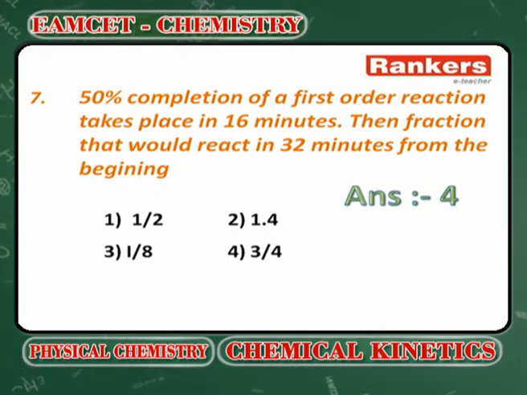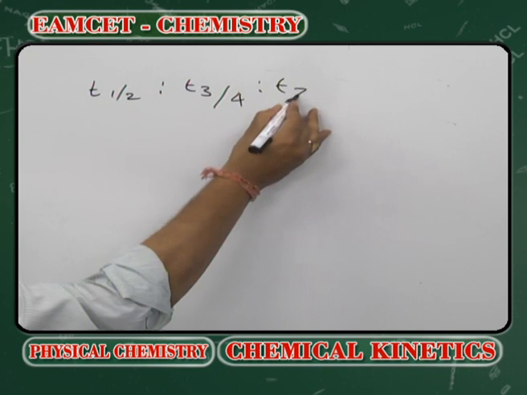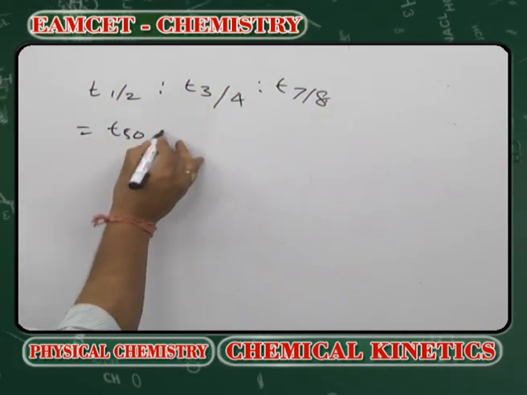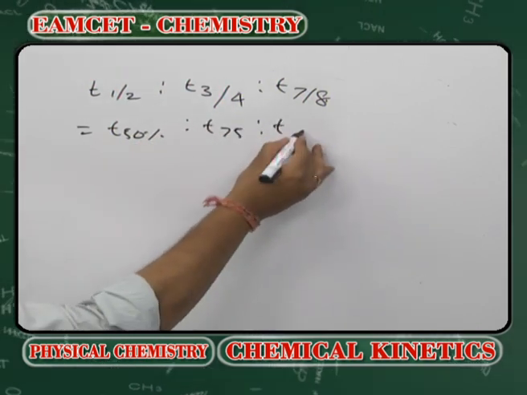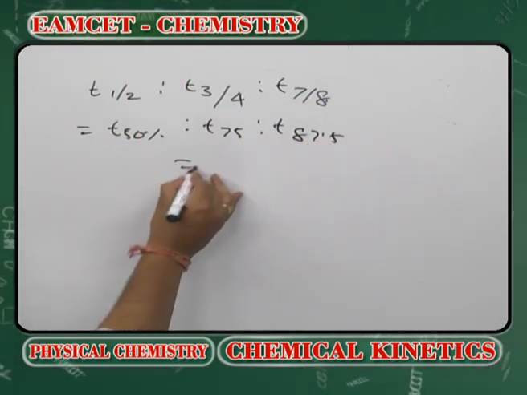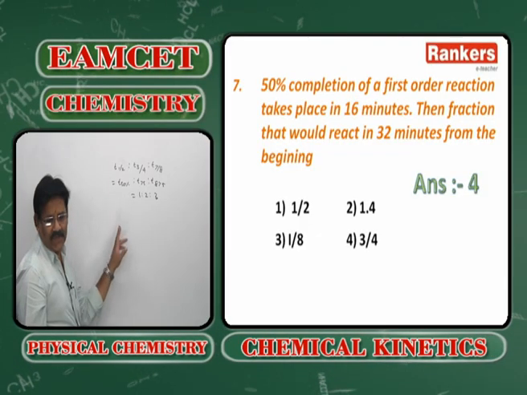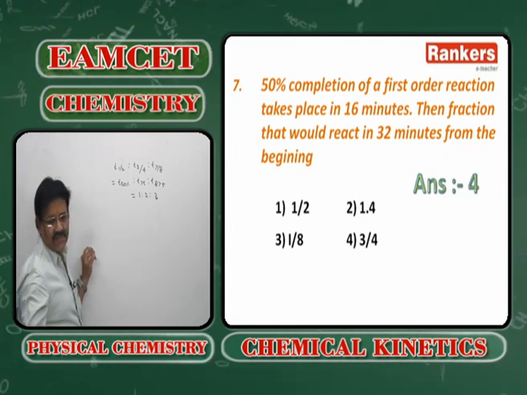In first order kinetics, some important tips are: T50% is to T75% is to T87.5% is equal to 1:2:3. So the half-life period is completed in 16 minutes.